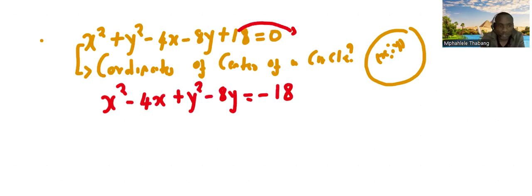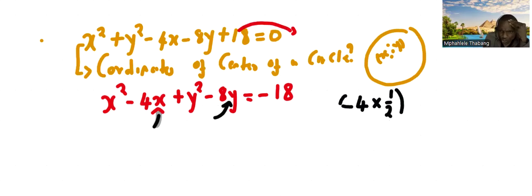I'm going to put my focus on the coefficient of x, and also on the coefficient of y. What am I going to do to the coefficient of x? The coefficient of x, which is negative 4, I'm going to multiply it by 1 over 2 and then square.